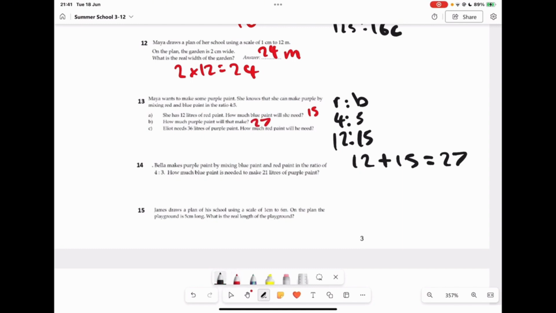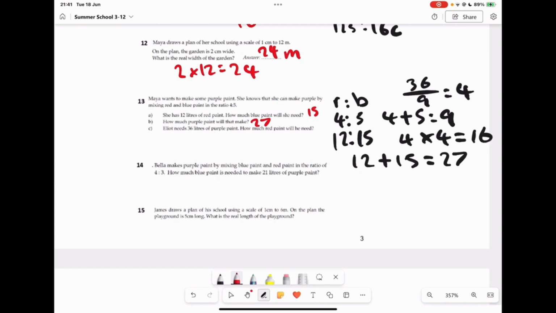Well, you know that 4 plus 5 equals 9. So you do 36 over 9 equals 4. And then you do 4 multiplied by 4, which is equal to 16. So that will be your answer for part C.